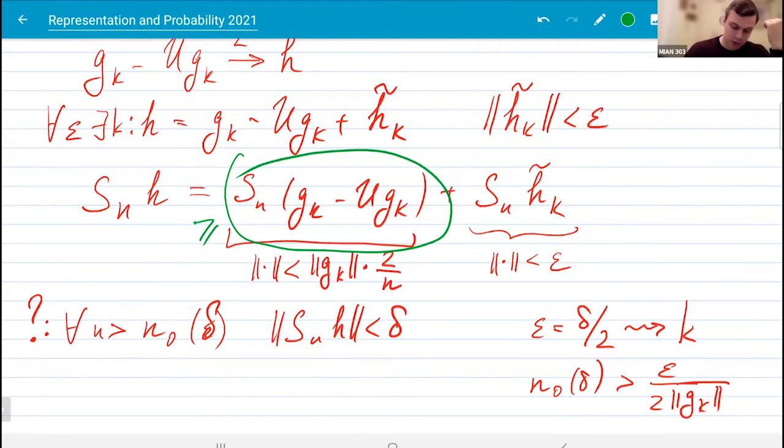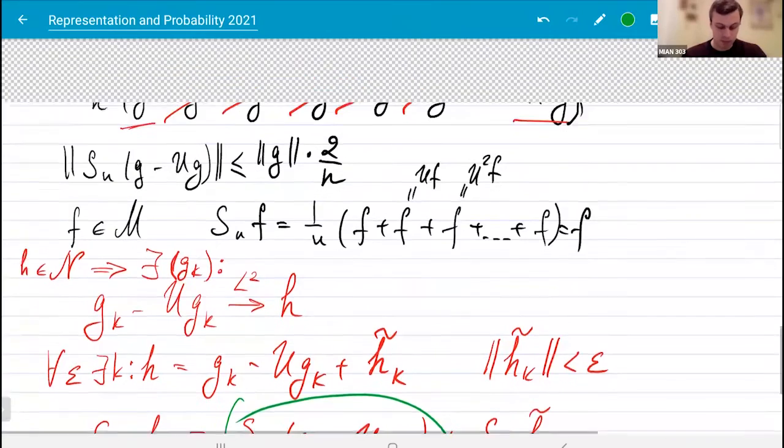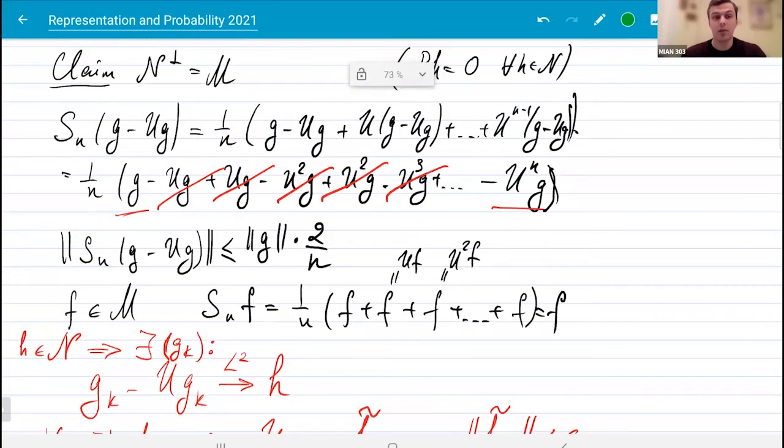Again, the norm of this is not more than epsilon, and therefore the total norm is not more than 2 epsilon, which is delta. So this is the end of the proof. We have concluded that for any function we have the convergence to Pf, and so the only blank point here is this claim. So up to this claim, the proof is complete.